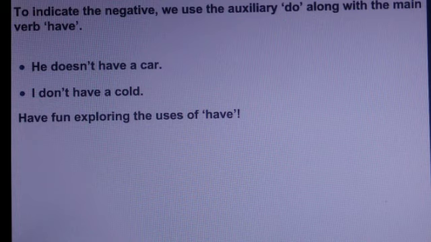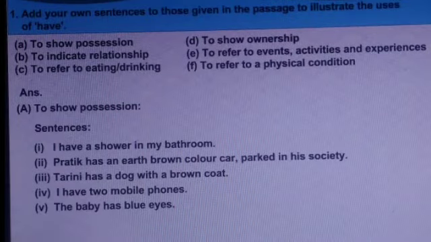In this way, we have seen how have is used in different conversations. It is just like fun exploring different sentences with the help of the verb have. On page number 15, we have seen a few examples where we have used have very frequently to indicate possession or ownership of something, to indicate a relationship, to refer to activities, events or certain experiences.